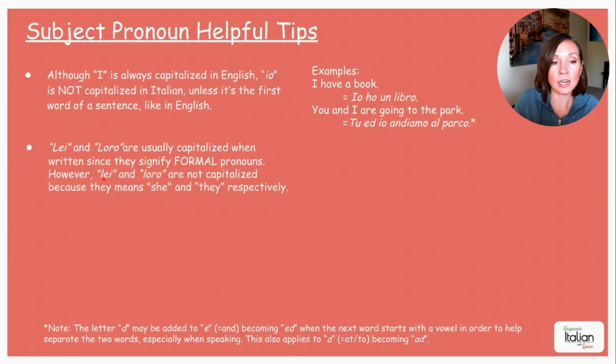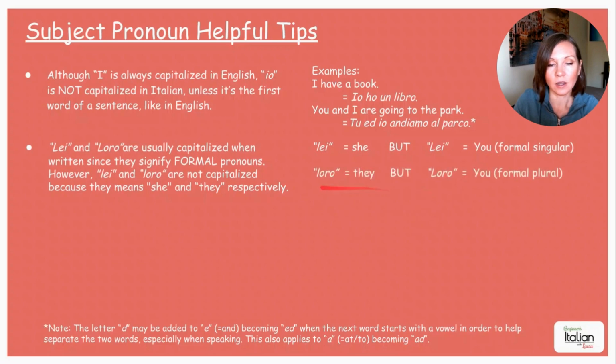If it is not capitalized, lei means "she" and loro means "they." If it is capitalized, that's the formal. So lei means "she," but Lei capitalized means "you" in the formal singular. Likewise, loro means "they," but Loro capitalized means "you" in the formal plural.